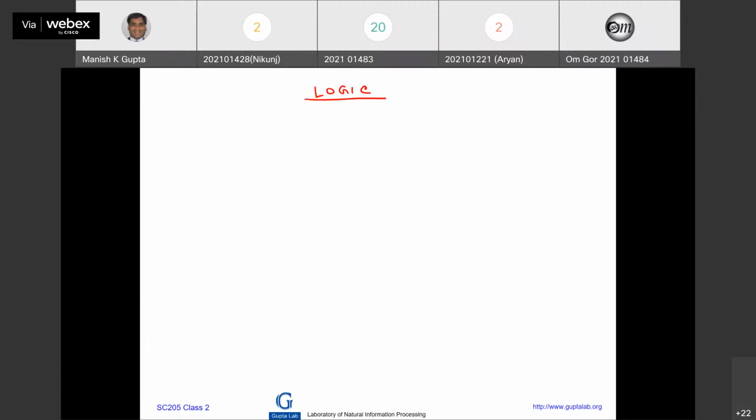And the first thing is propositional logic. It's very easy to understand. So basically, a proposition is a statement or a sentence, right?